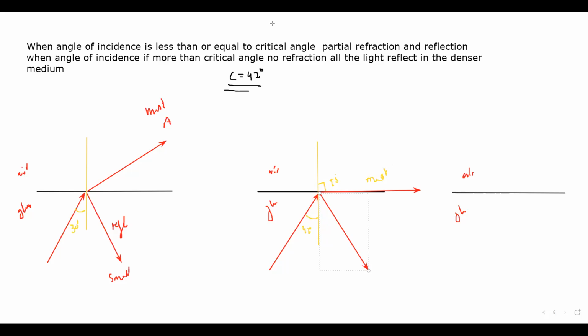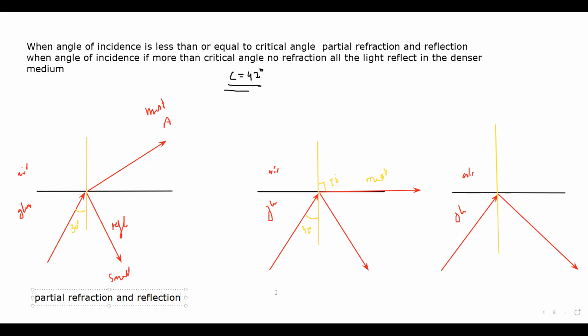But when the angle of incidence is greater than the critical angle, what we observe is that instead of light being reflected and refracted, all of the light is reflected back in the same medium and there is no refraction. This is called total internal reflection. So in the first example, there is partial refraction and reflection.